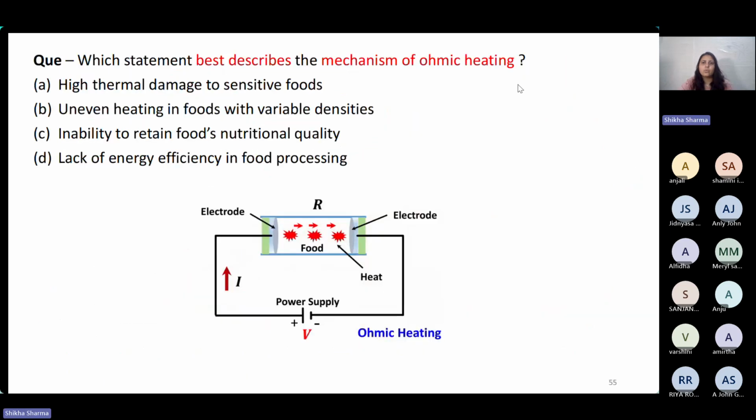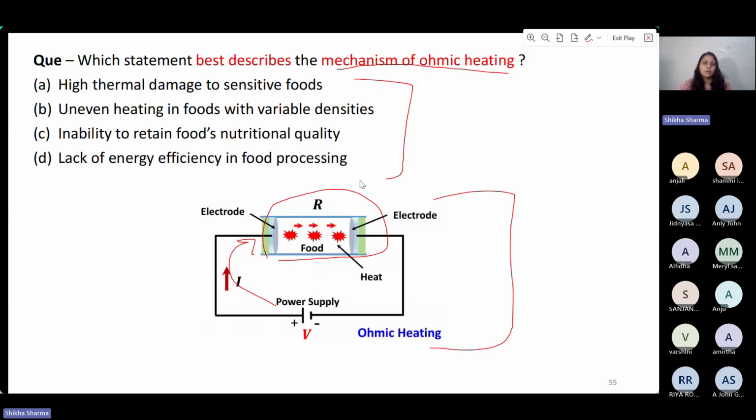Okay, let's discuss the mechanism of ohmic heating. This is an ohmic heating system where we put electrodes and give power supply to the food, and it is heated using the ohmic heating principle. One statement says high thermal damage to sensitive foods, another uneven heating in foods with variable densities, another inability to retain food's nutritional quality, and D is lack of energy efficiency in food processing.